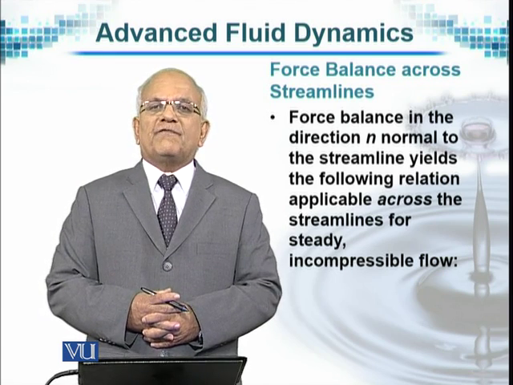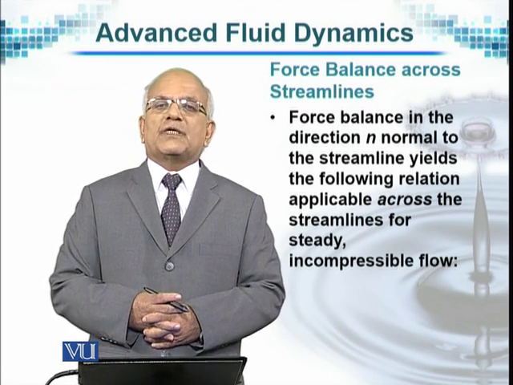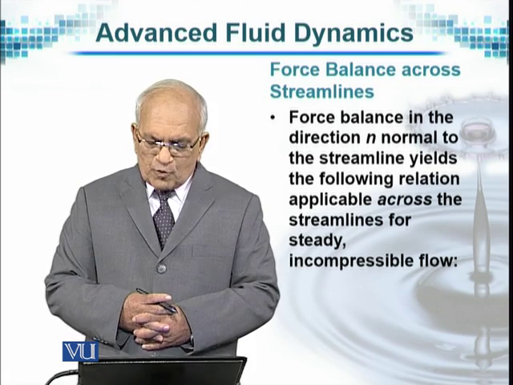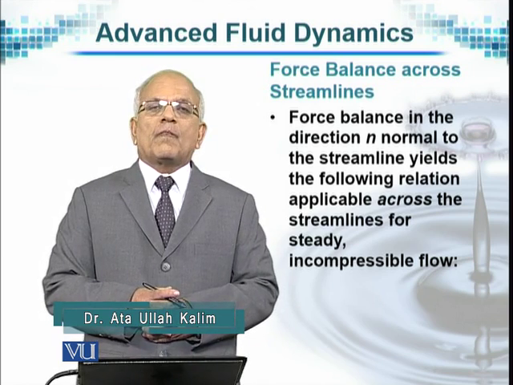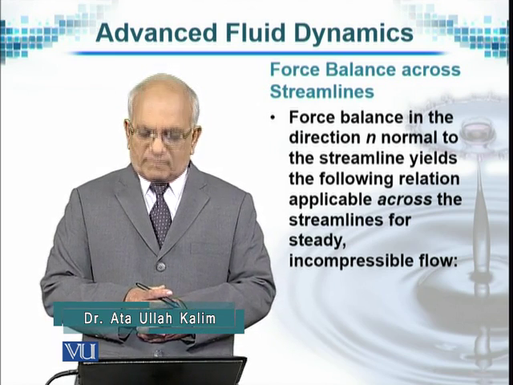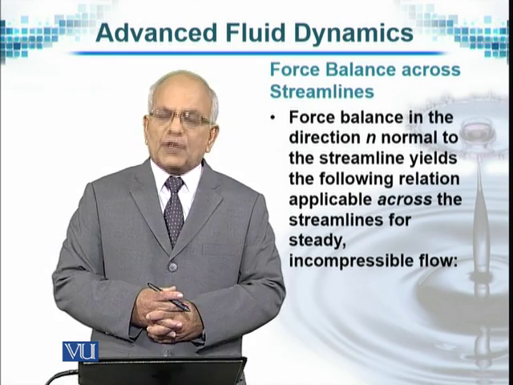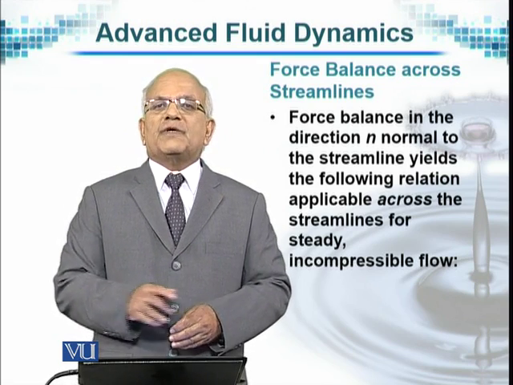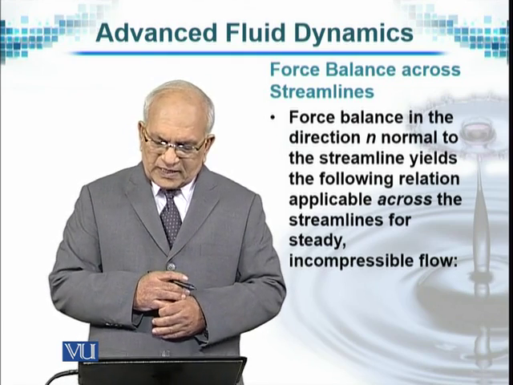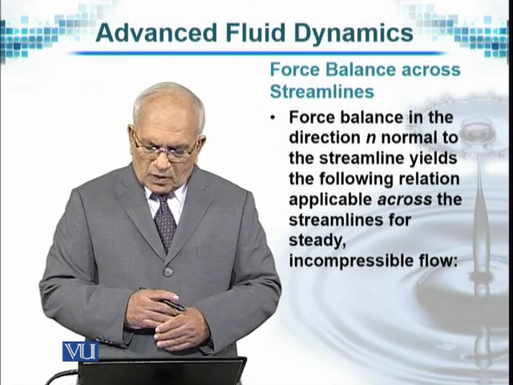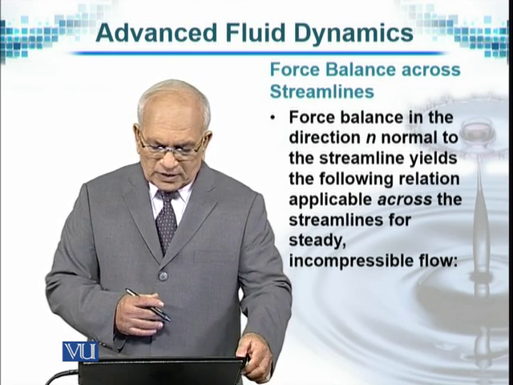But what happens if we have to consider the balance of forces in a direction that is normal to the streamline? You know that normally we show the normal vector, or normal unit vector, with n. So n is used for the normal direction. If we look at any streamline in a fluid flow and ask what the condition of forces is in its normal direction, then what changes does it make to Bernoulli's equation?